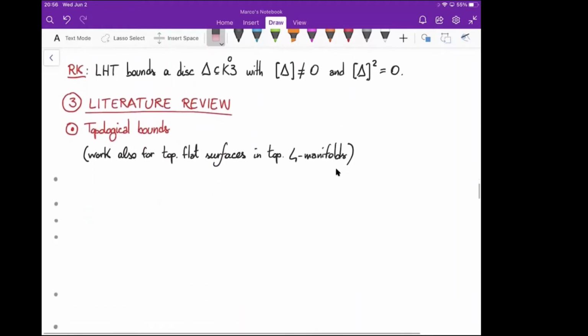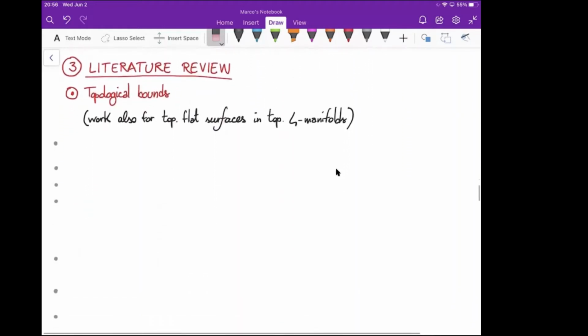So now I would like to move to some literature review, and then I will explain the new theorems that we prove. So if you look in the literature, all the various results about giving lower bounds for surfaces with boundary a certain knot in a given homology class can be categorized in two main families.